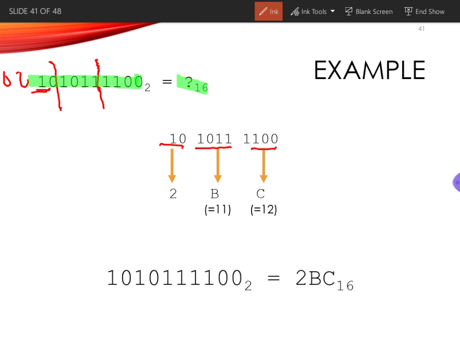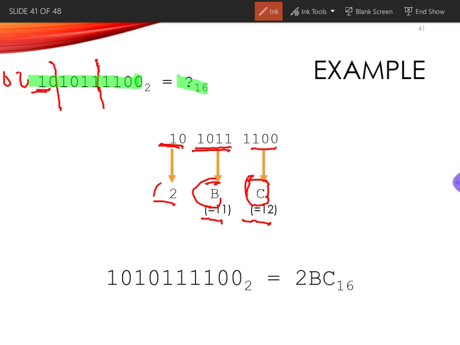So 1100 is equal to decimal 12, which is hexadecimal C. 1011 is equal to decimal 11, that is hexadecimal B, and 10 is equal to decimal 2.